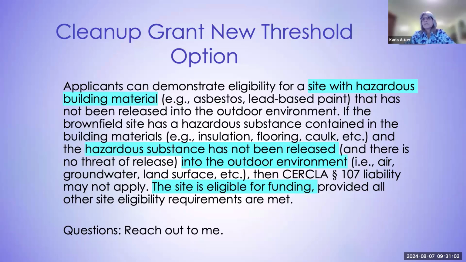In that case, say for instance, you've got a building and the building roof has collapsed and you can't get in there to remediate the asbestos before demolition, you can make a case that demolition is required as part of the cleanup. Okay. However, you need to make sure, if you're in a situation like that, that's going to be one of those gray areas, you've got to make sure that you've got documentation that asbestos that's in that collapsed building has not been released to the outside environment.